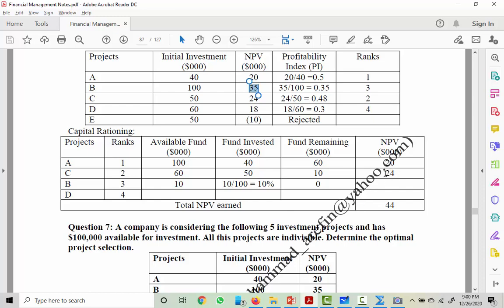We will not get any NPV from project B, since we haven't completed project B fully, only 10% of it. So in that case, total NPV will be $44,000. Like that, we need to allocate our capital among the best projects.